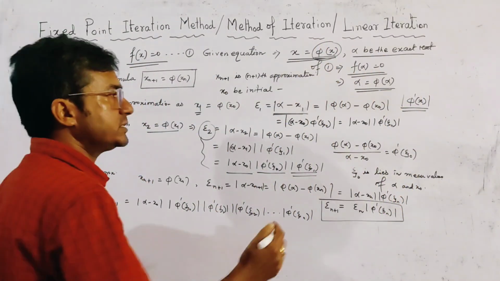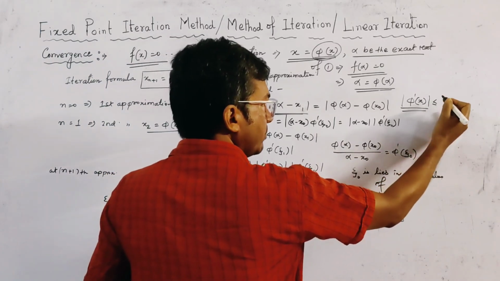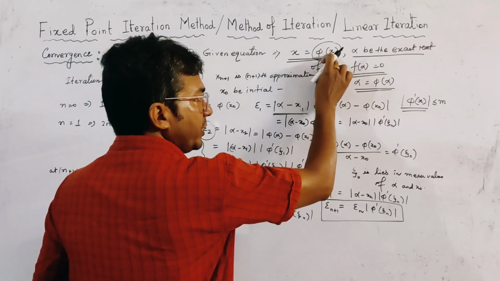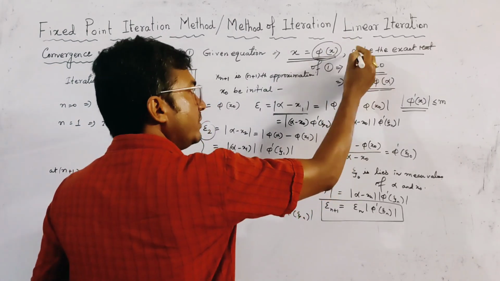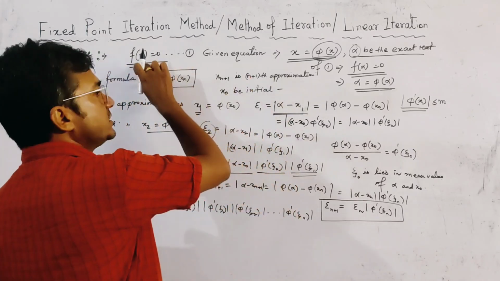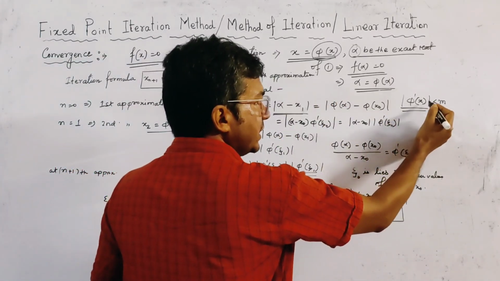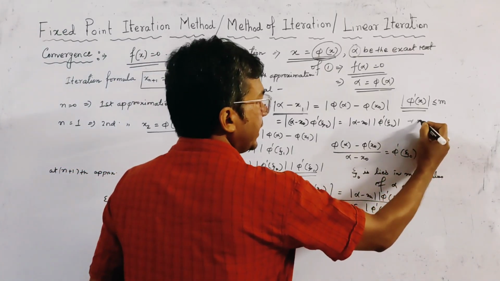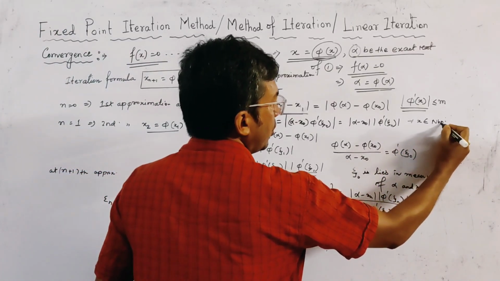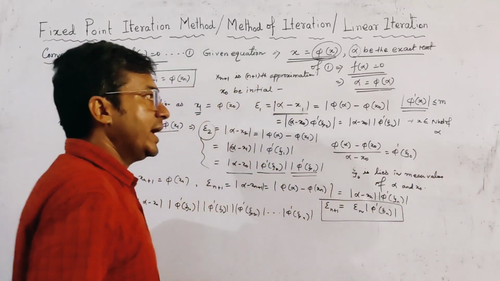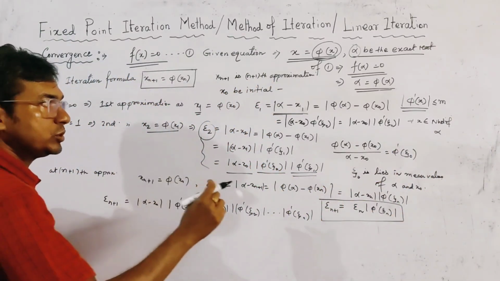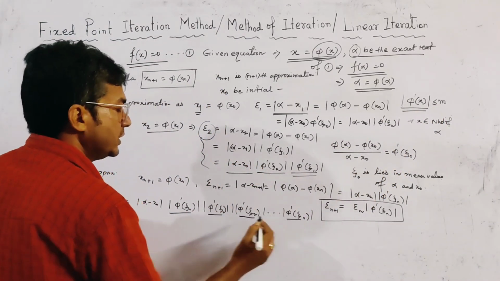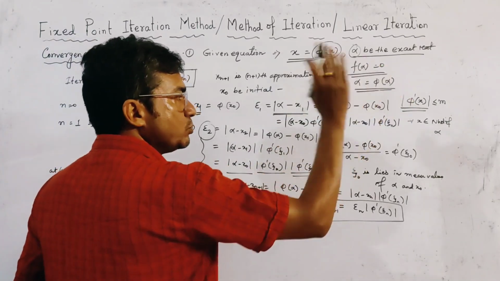Let its upper bound be m. So for the function phi of x in the interval around the exact root alpha of f(x) equal to 0, mod of phi dash x is less than or equal to m for all x belonging to the neighborhood of alpha. So we can put the value m for each of the derivatives, because the maximum value of the derivative is m.